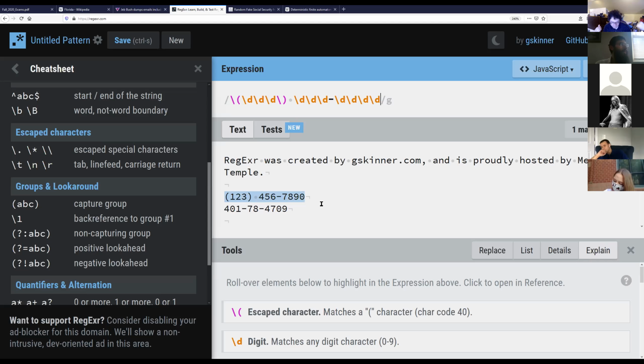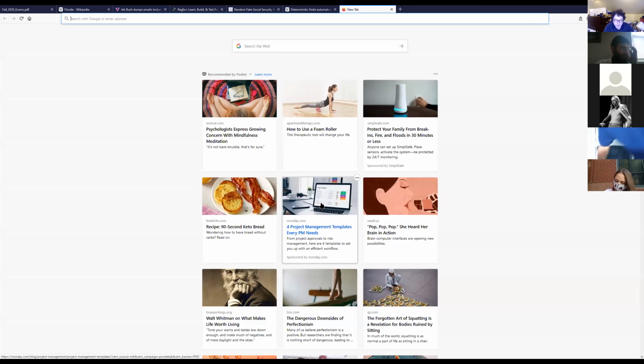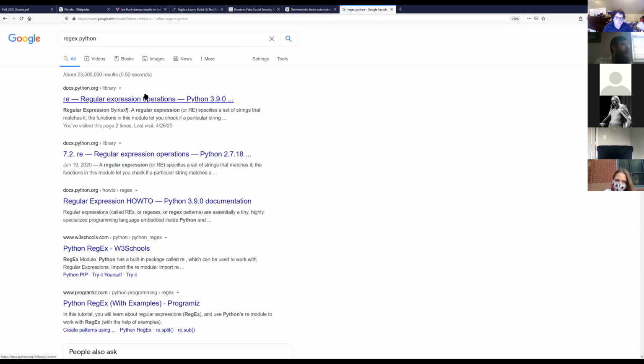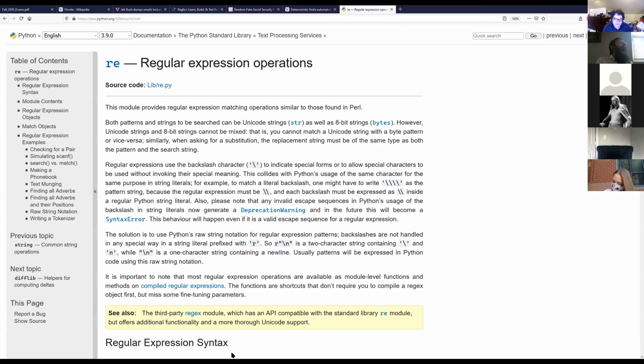Okay. So regular expressions, again, really powerful tool, and pretty much every single programming language supports them. So let's look at the way Python deals with regular expressions. The library that you use is called re, for regex, in Python.